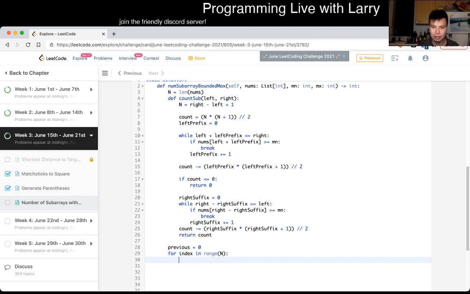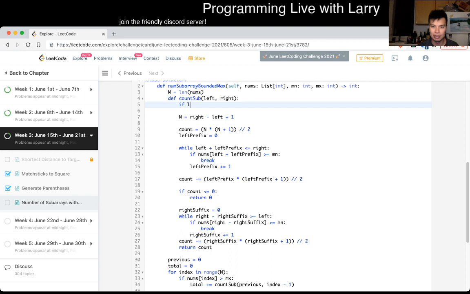So if num sub index is greater than max, then we have to start splitting it to the left and the right. So then we go, okay, let's also have a total is equal to 0. We add this to the count sub from the previous to index -1. That's also just for 6.